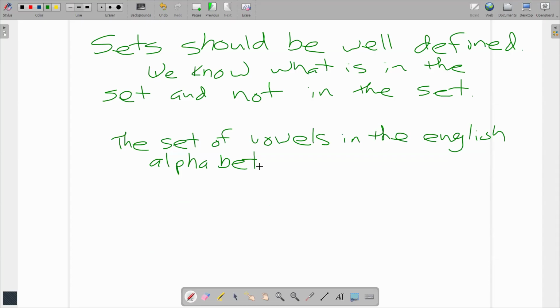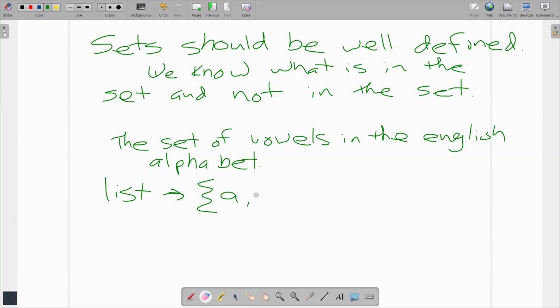Based on that description, we can make a list. When we're talking about sets, usually the list is going to go in curly brackets. And then we start listing them out. So vowels in the English alphabet, okay, A, B, C, oh wait, some of those aren't vowels. Let's see, am I sure about that? B a vowel? What's the next vowel?